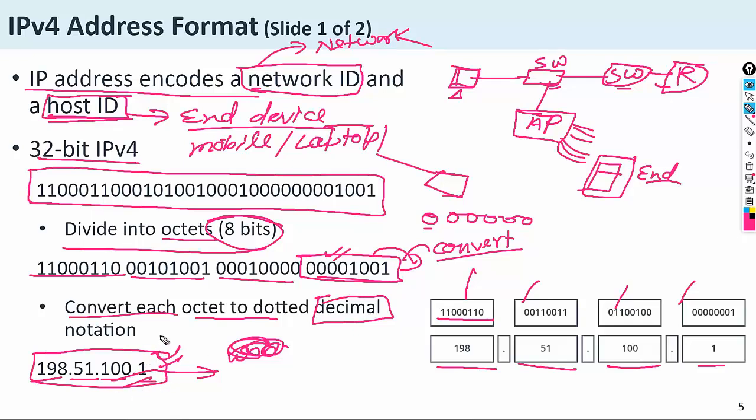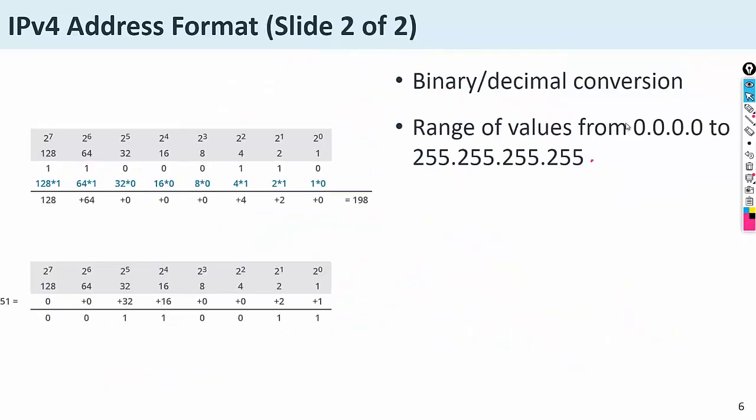Okay, so notation means how to write, how to note. The notation format is decimal, this type. So here is the conversion of binary to decimal. Do you know how to convert from binary to decimal?